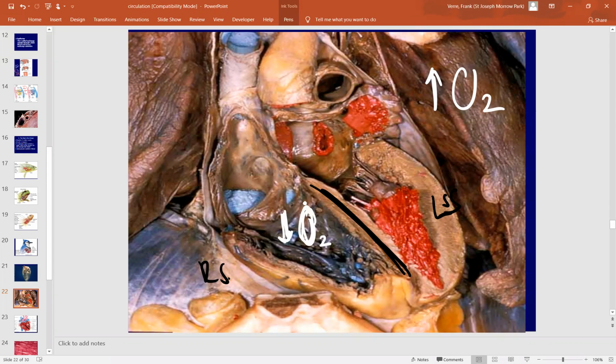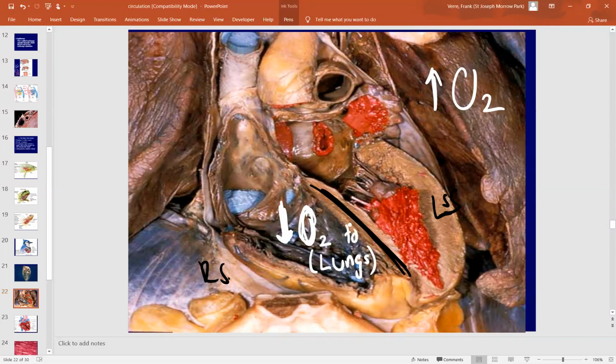And that's because your heart is actually divided into 2 parts. One side of the heart has a job, and its job is to send blood to your lungs. Obviously, that would be this side, because on this side, the blood is oxygen poor. So the right side of the heart, its job is to send blood to the lungs.